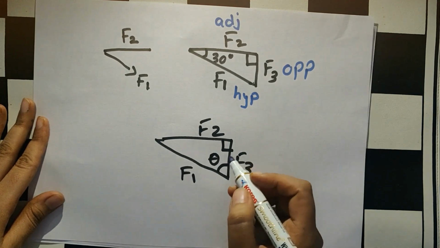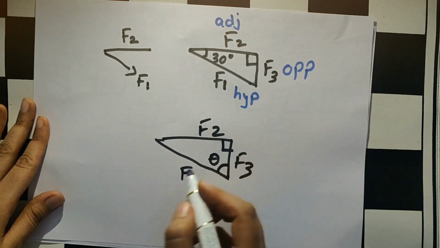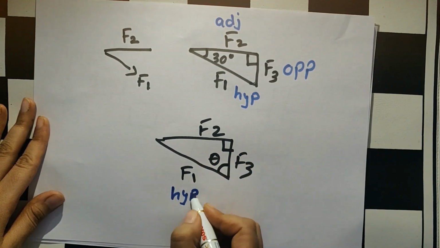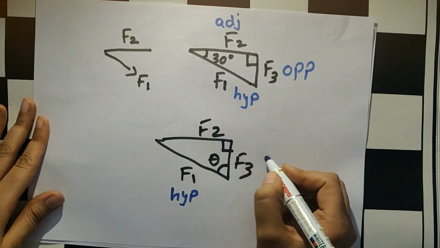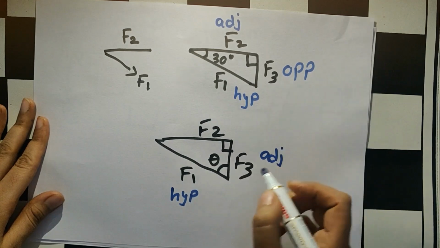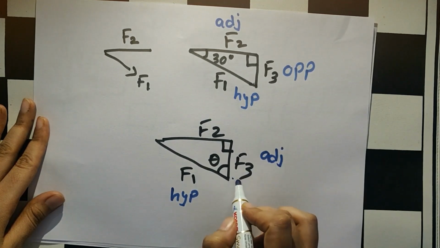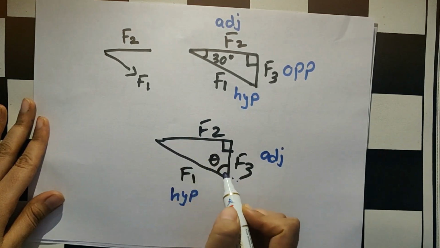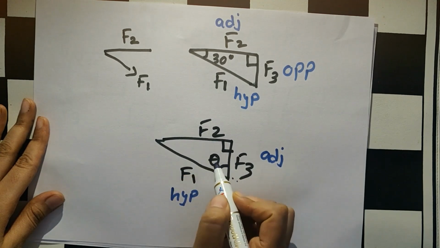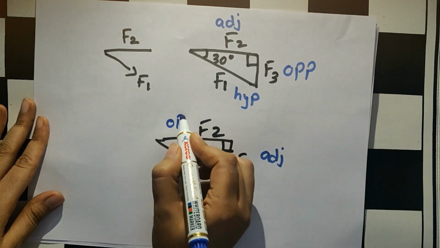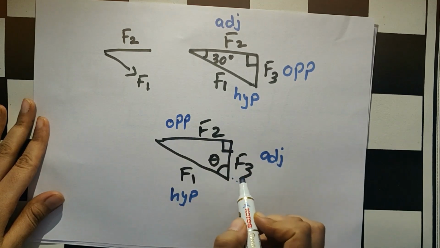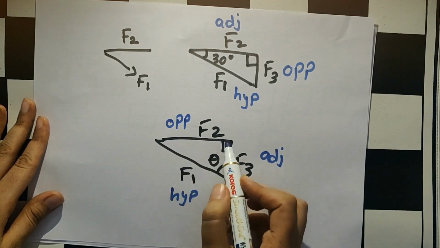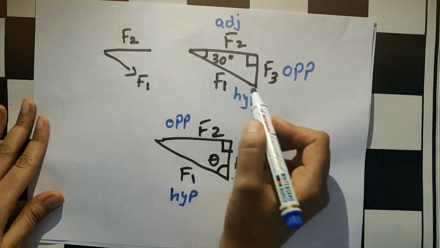In that case, the side opposite to this 90 degree is always the hypotenuse, but the side connecting this 90 degree and the given angle is adjacent. So for this case, adjacent will be this F3 side, whereas the side opposite to the given angle is always opposite. So in this case, your opposite will be F2, adjacent will be F3, and the hypotenuse is always opposite to this 90 degree angle.